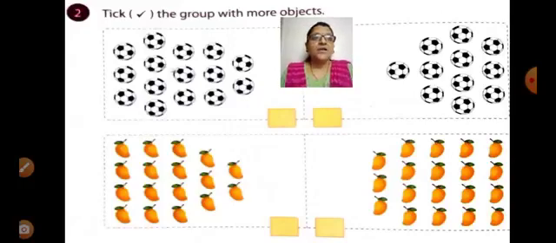So, which group has more balls? Yes, first group. So, let us tick in the box. Next picture, we see mangoes. In the first box, there are 17 mangoes. Next box, there are 19 mangoes. So, we have more mangoes in the second box. So, we will tick it in this.